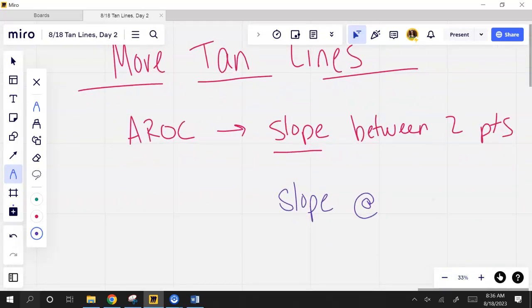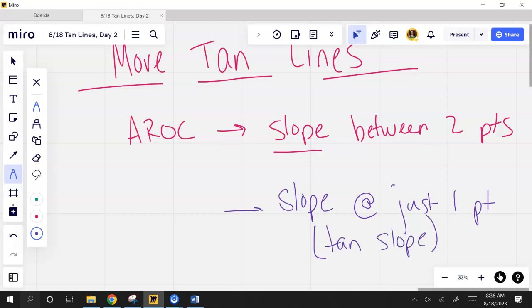So slope at just 1 point, which is the tan line slope, is the instantaneous rate of change.